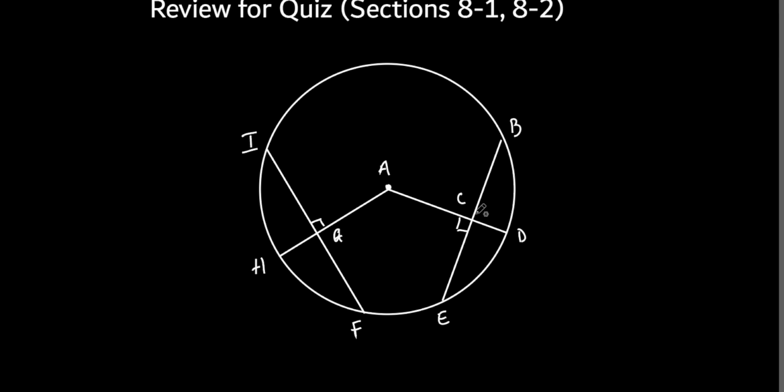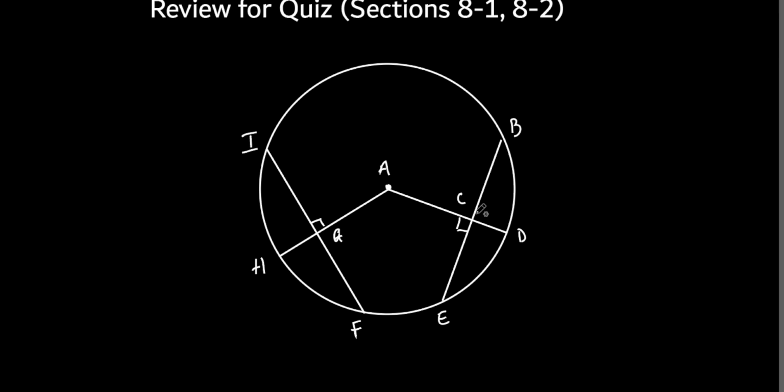It is. Let me check my notes one time real quick here. I just want to see the theorems right in front of me so I can remember what they say, and I should be able to help you out a little bit.